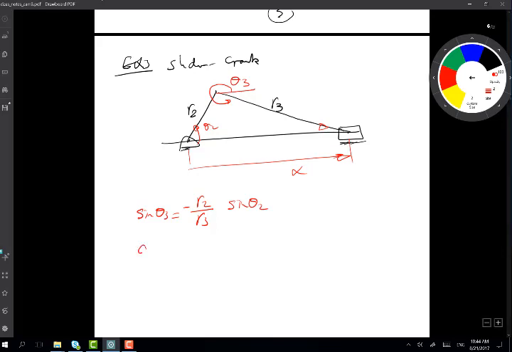And then cosine theta 3 was equal to the square root of 1 minus (r2 over r3) squared sine squared theta 2.